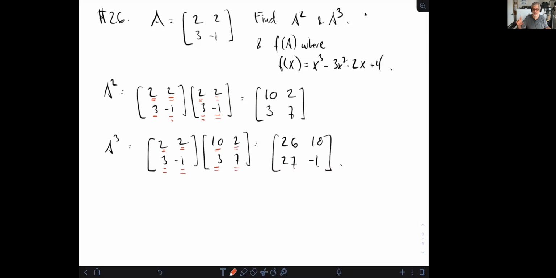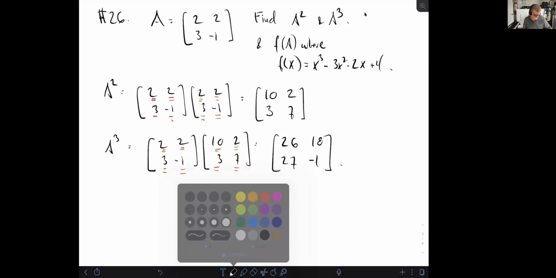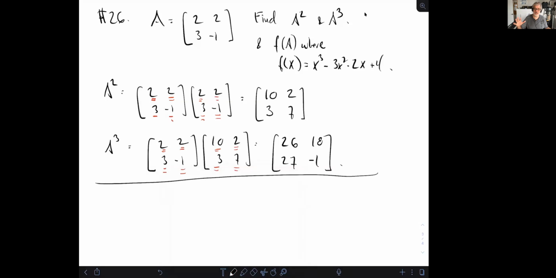Okay, there's only one little catch, and this is it. So when you're evaluating a polynomial in a matrix, what is this? So I've got f of A, and I'm just going to follow the polynomial here.